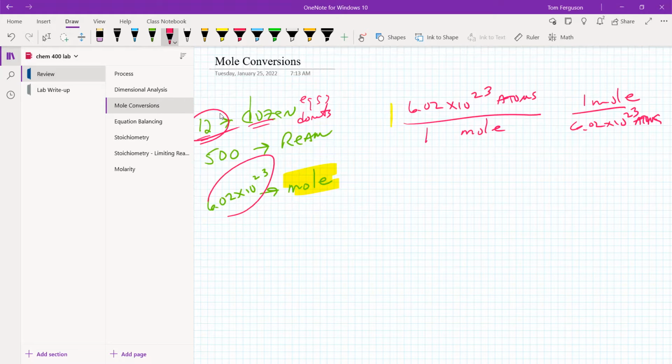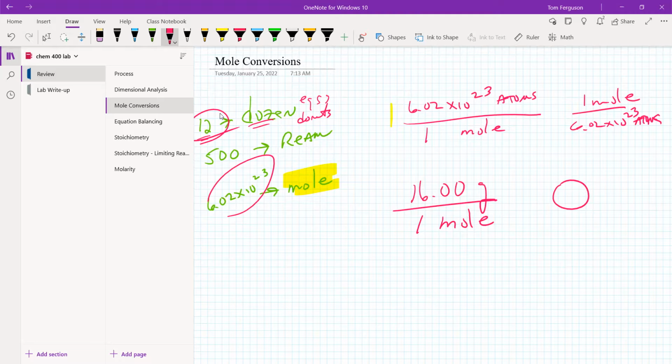If we have 6.02 times 10 to the 23rd atoms of, let's say, oxygen, and we put them on a scale and weigh them, we are going to get a certain mass for oxygen.